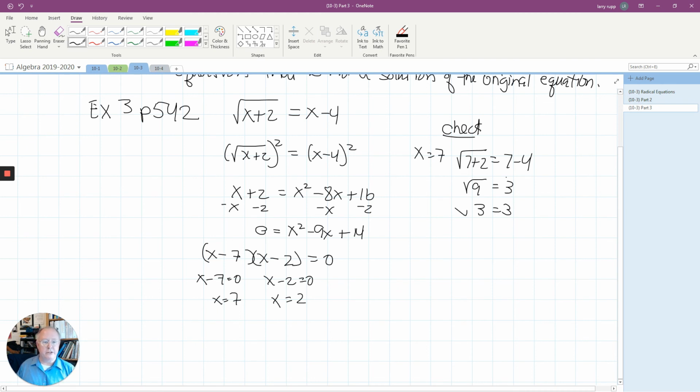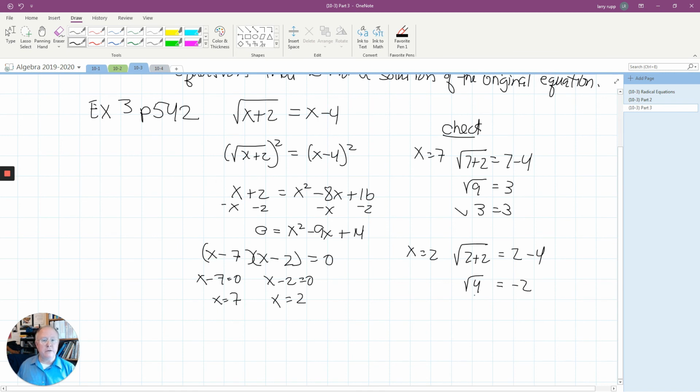Now remember, since we're dealing with all numbers, the numbers are positive, therefore we only need to worry about the positive root. Now we're going to check x equal 2. So we have the square root of x plus 2, so we have 2 plus 2 is equal to, and x is 2 again here, 2 minus 4. So we have the square root of 4 is equal to 2 minus 4. 2 minus 4 is negative 2.